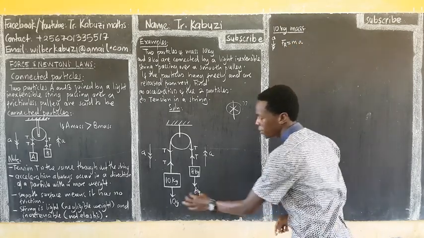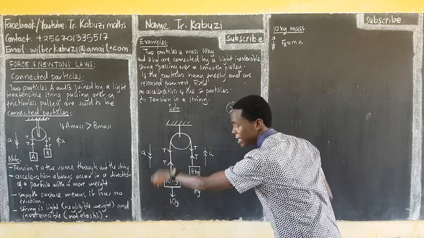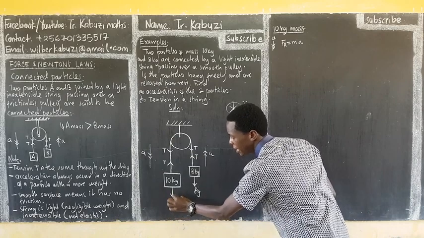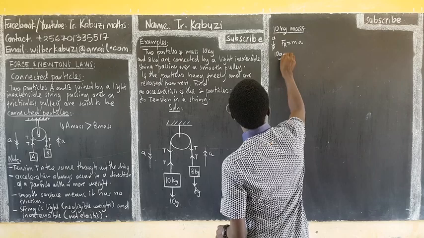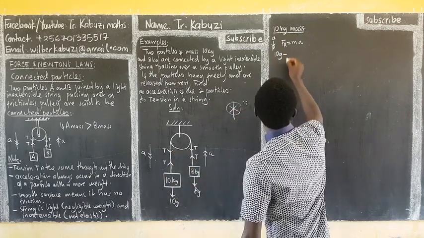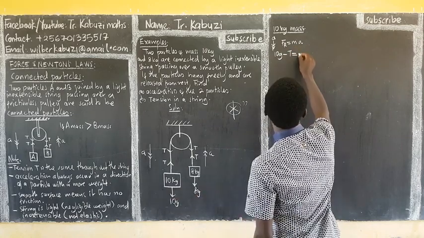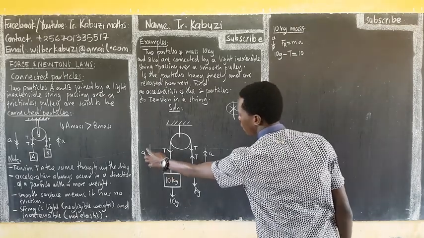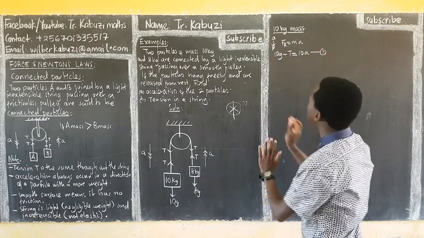What's the resultant force on this particle? It's the force that is causing the acceleration, which is 10g, minus the tension that is opposing it, pulling up, equaling the mass of this particle, which is 10, times the acceleration a. We call this equation 1.